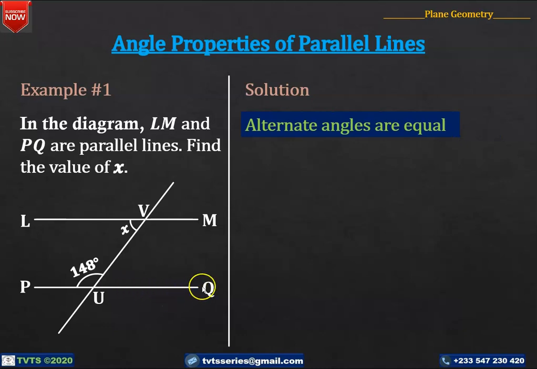That is, angle QUV and angle LVU are alternate angles. This implies that angle QUV is equal to angle LVU, which is equal to x.